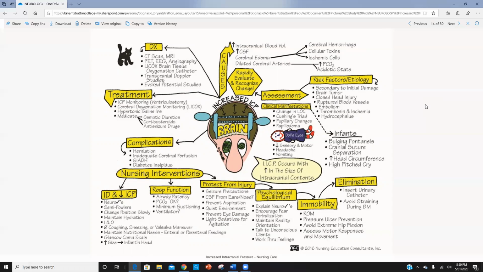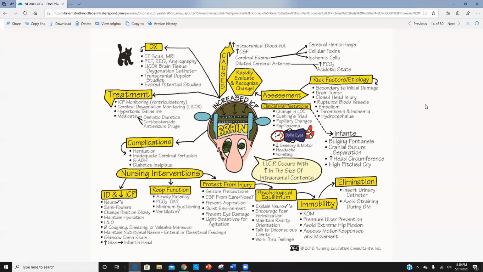These are the contributing factors: a head injury with subdural or epidural hematoma, so a blood bruise in the brain; cerebrovascular accident or cerebral edema; brain tumor; hydrocephalus; a ruptured aneurysm and subarachnoid hemorrhage; meningitis or encephalitis.